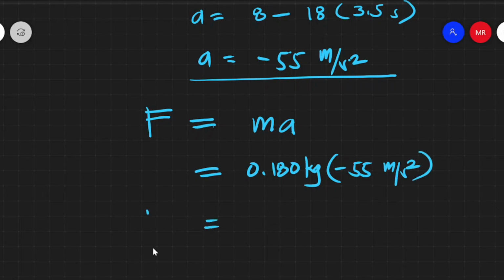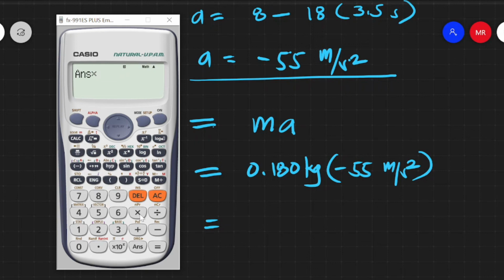So the force being exerted on that particle traveling on the x-axis given that function at time 3.5 seconds will be equal to 55 times 0.180, which is negative 9.9 Newton.